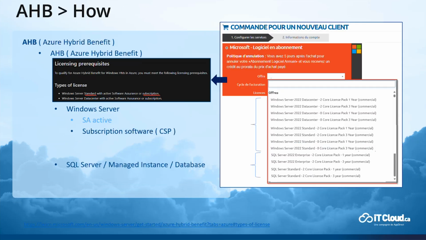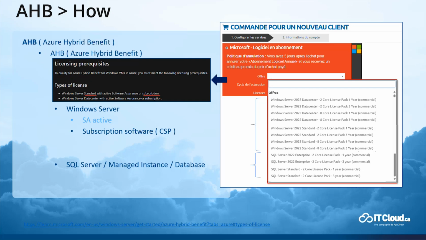Let's take a closer look at the Azure Hybrid Benefit. What is this? How do we activate all of this at itcloud.ca? So for Windows and SQL, in your cart from your partner portal, you must provision the required license with the right quantity.